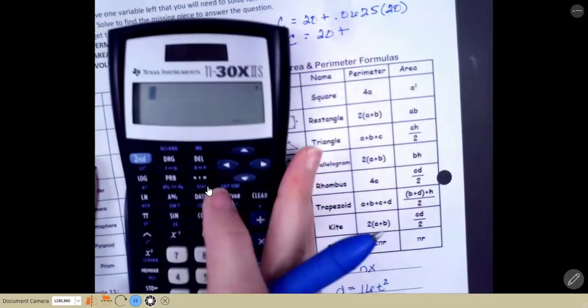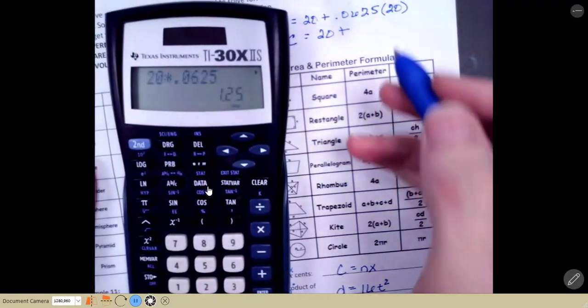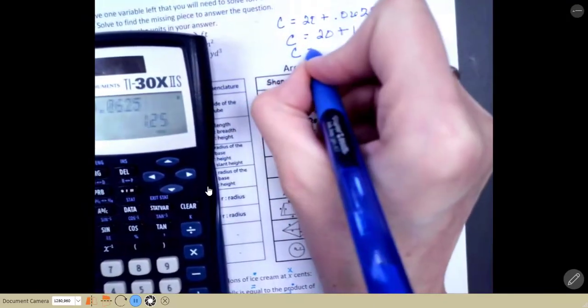So let's see what that's going to be. We're going to have cost equals 20 plus. So I'm going to take my calculator, 20 times 0.0625. You're going to add another $1.25. So the total cost for your shirt is no longer $20, but $21.25. So that's kind of how that works.